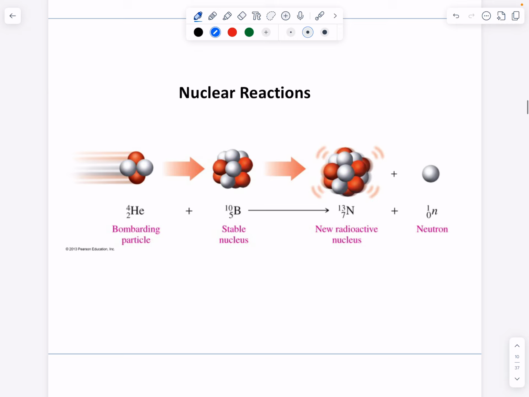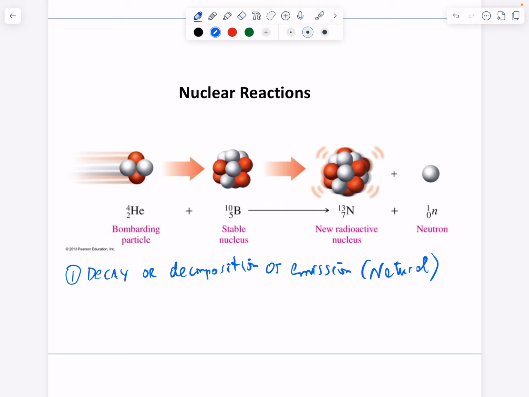Nuclear reactions. There are two types of nuclear reactions. Okay? Let me write here. The first nuclear reaction is called decay or decomposition. Some people call it also emission. This is natural.